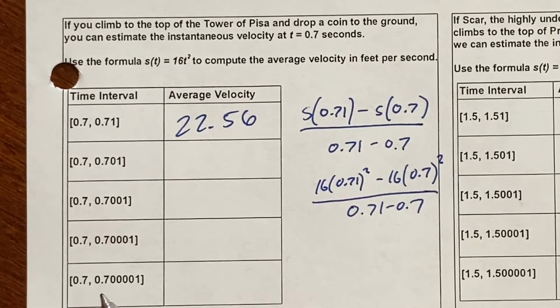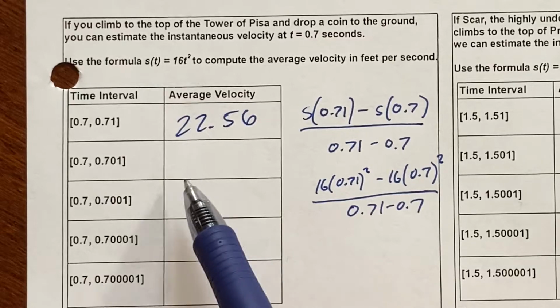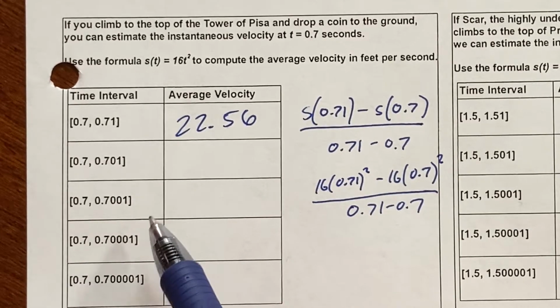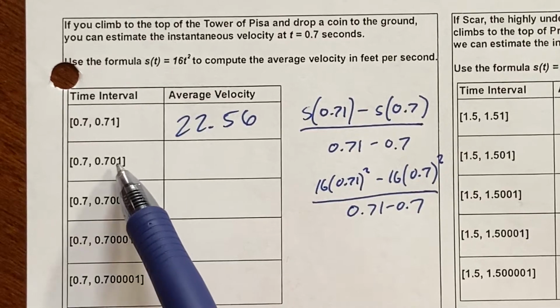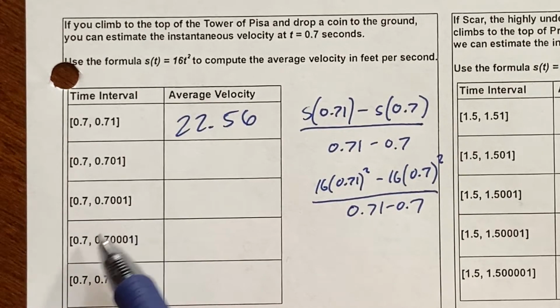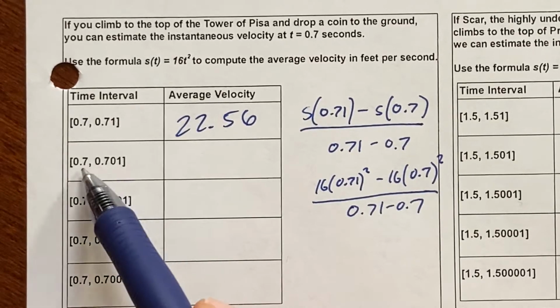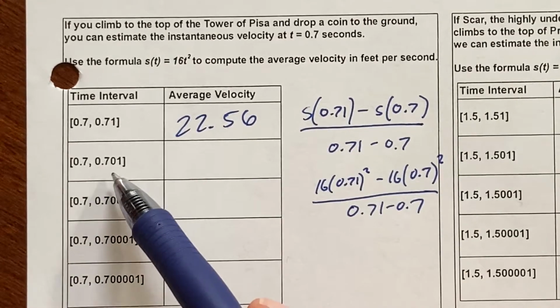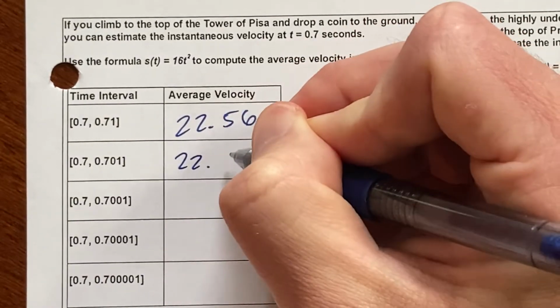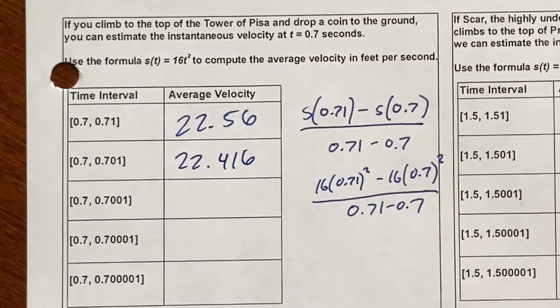So yesterday, the day before, we're doing average velocity, and I picked some random numbers for you to find the average velocity between, but we're kind of choosing numbers with a purpose here. We're getting numbers that are close together, okay? So if I were to plug these two into my average velocity formula, I would get 22.416.